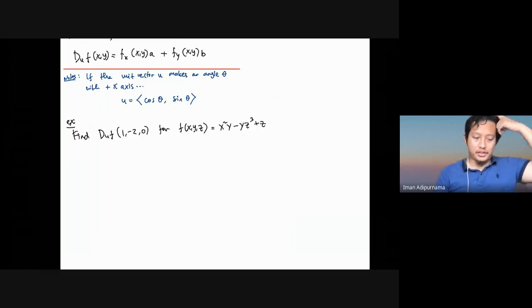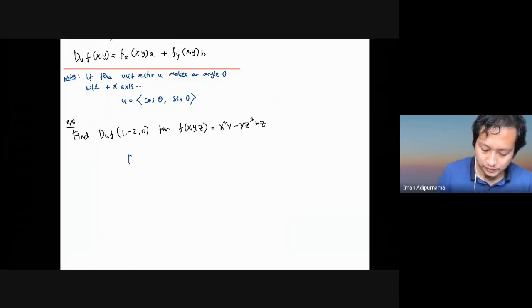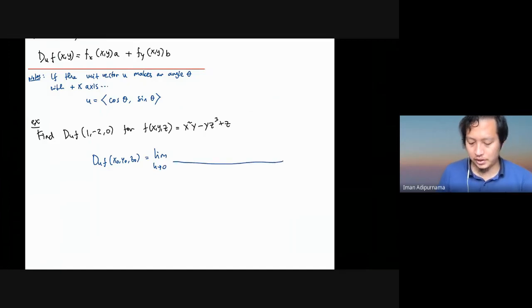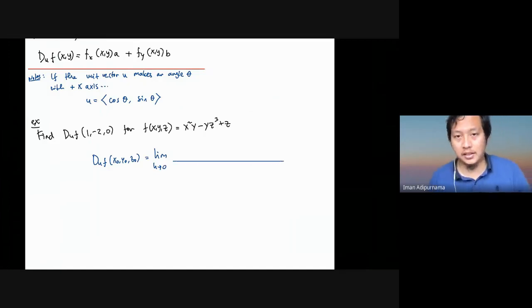Three variables are a similar case, you just need to add one. Instead of 2 variables, it's basically the same limit definition, just adding the other variables.